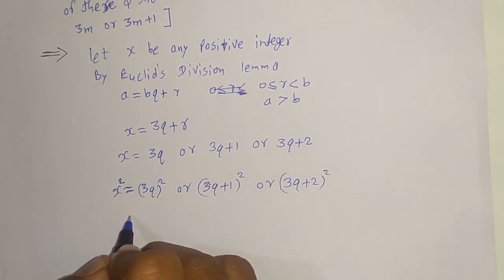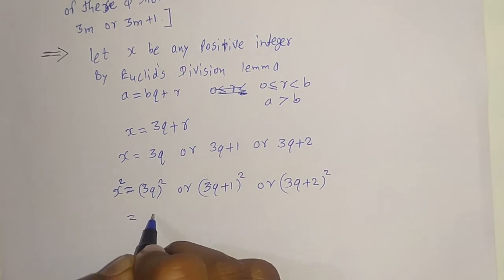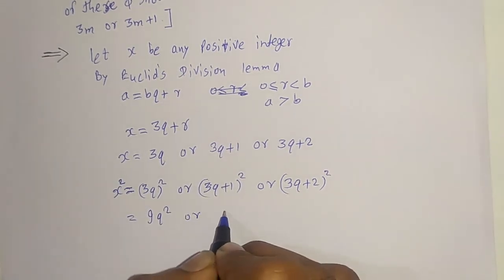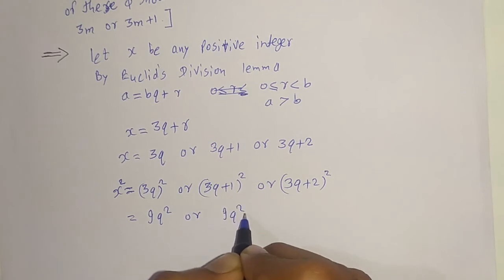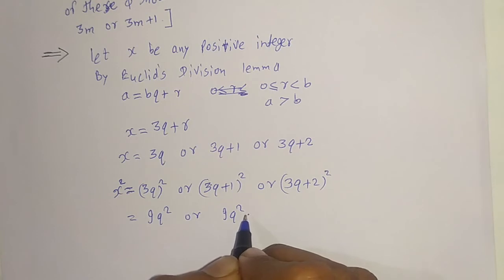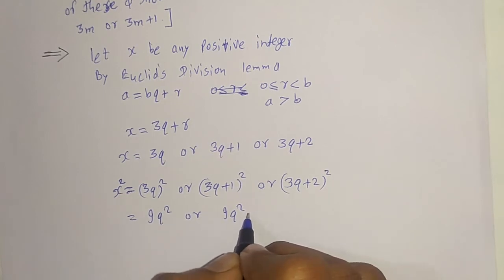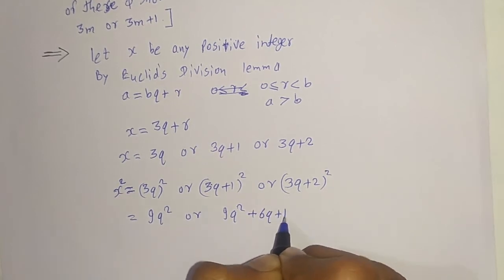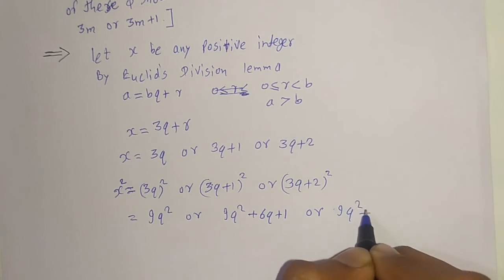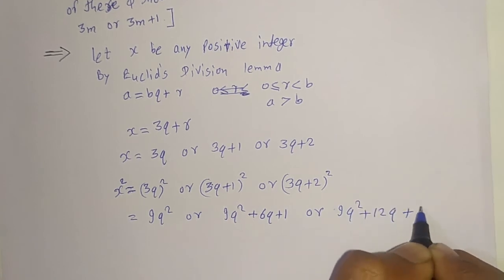So if you square all these three equations, you will get the answer as 9q square, or 9q square plus 6q plus 1, or 9q square plus 12q plus 4.